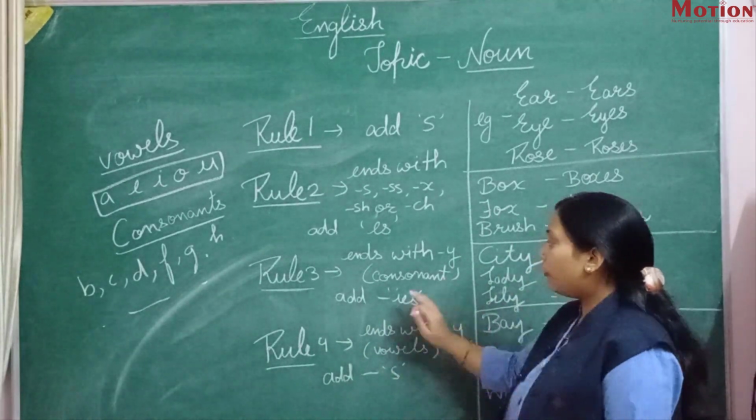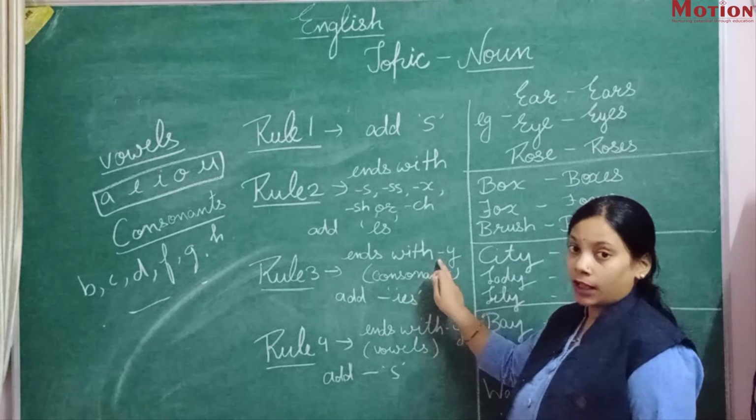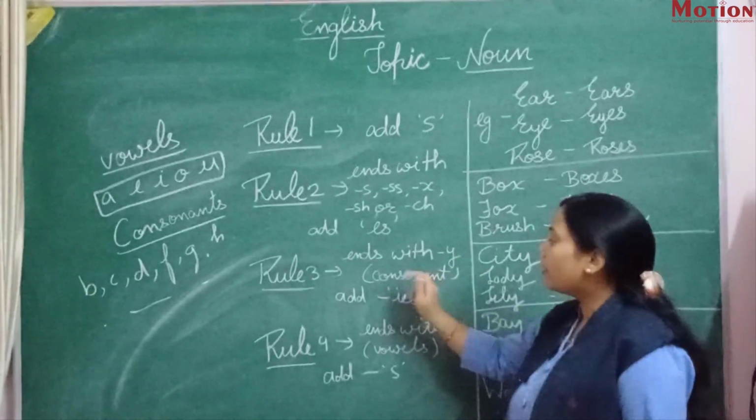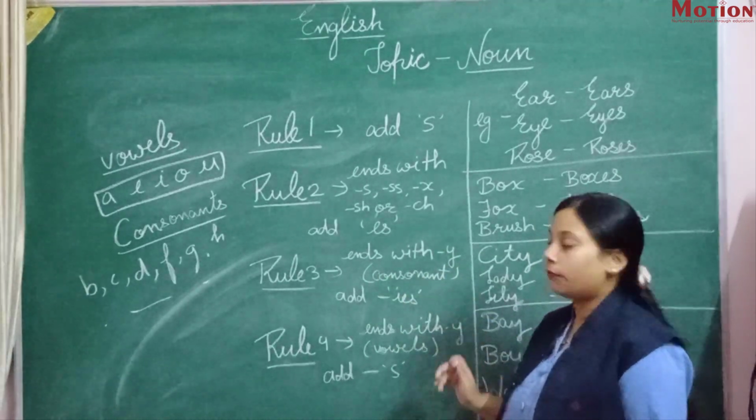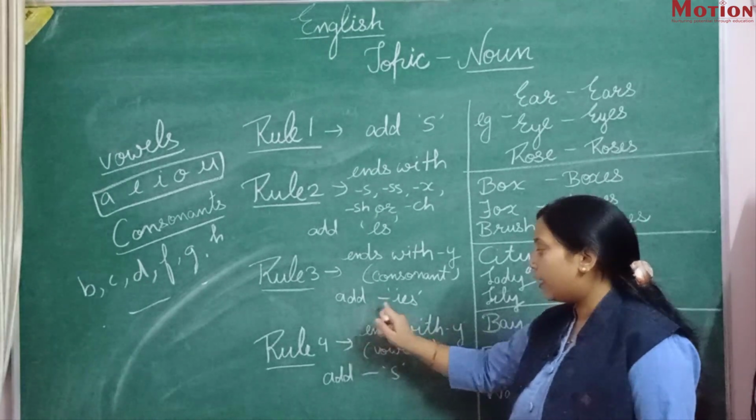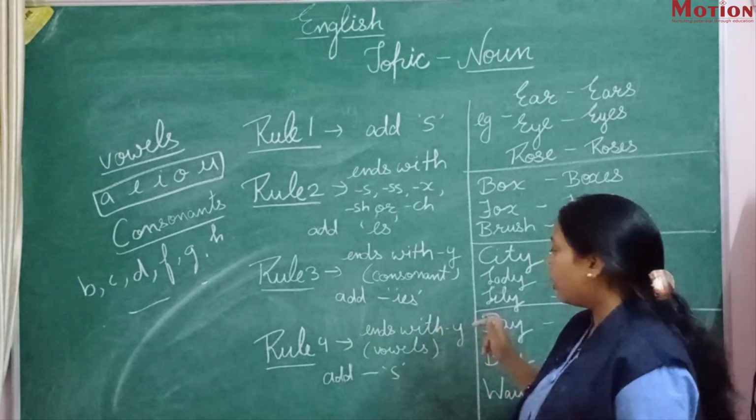So if any noun ends with y, but before y there is a consonant, then we will add ies after the noun.